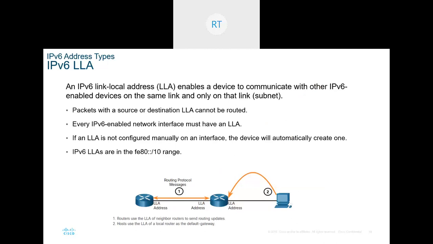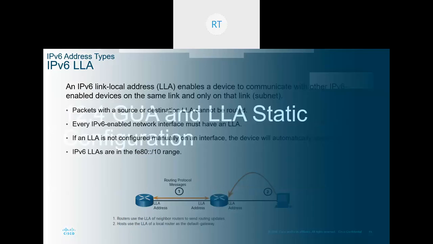Hope that makes sense. A link local address has a prefix that starts with FE80::/10. When you see this /10, it means that if any address has its first 10 bits matching these bits, it is a link local address.